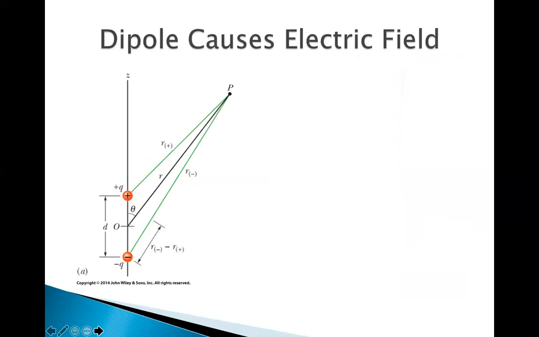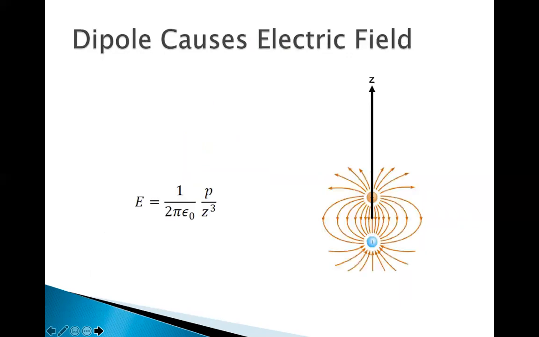Dipoles. A dipole is made up of two charges, one positive and one negative, separated by a certain distance. Around the positive charge there's electric field, and around the negative charge there's electric field, so together they create electric field around them.